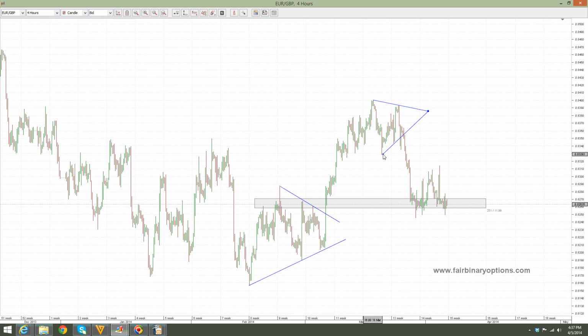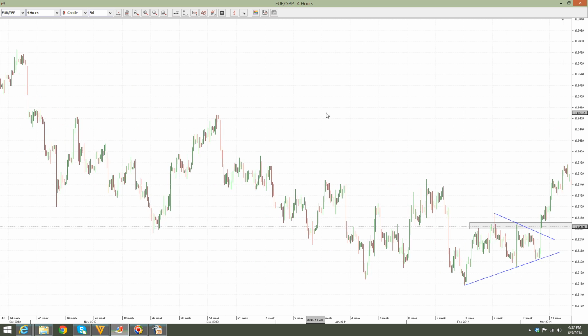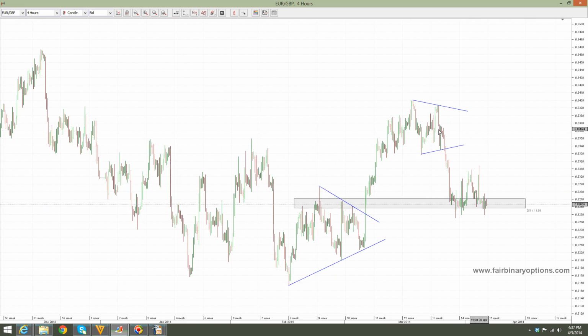What I'm trying to say is that this situation here is happening or is forming when price is in a contracting triangle of a bigger degree, and therefore this triangle is visible on the daily chart.